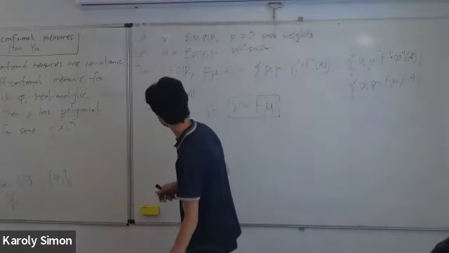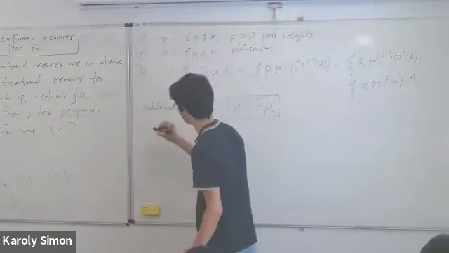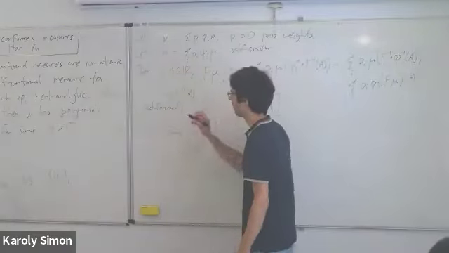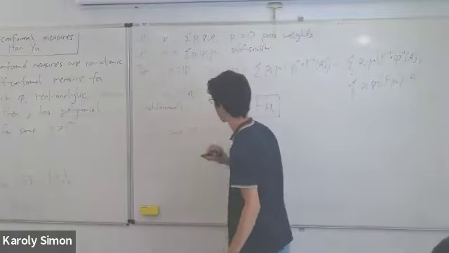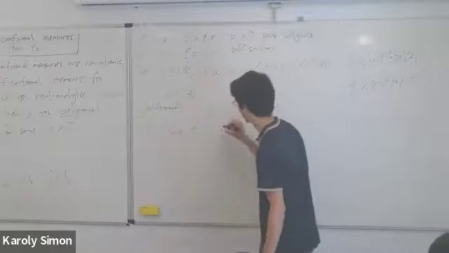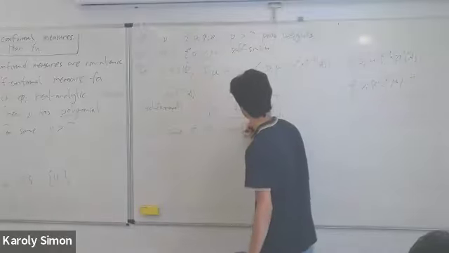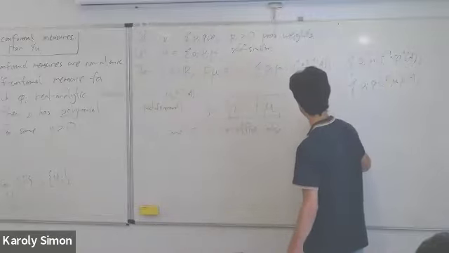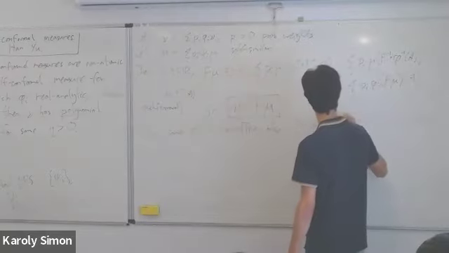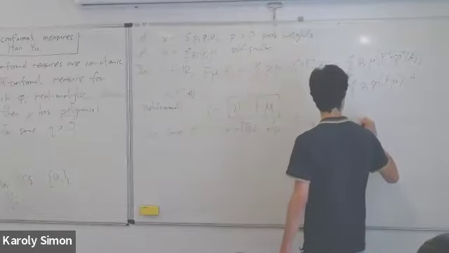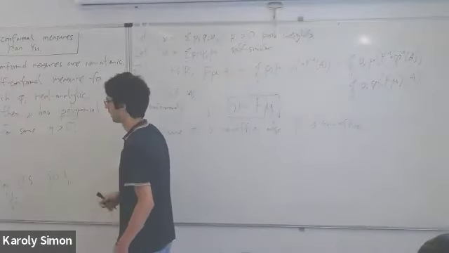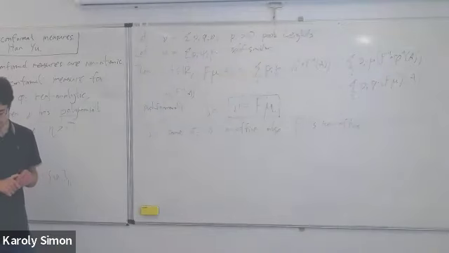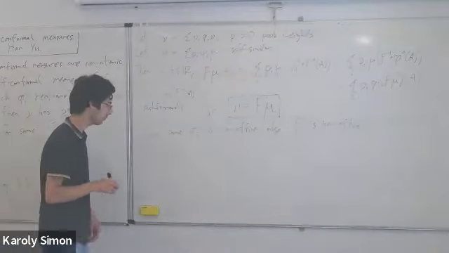And since some map phi_i in our IFS was non-affine, also F is non-affine. Right? So we're pushing forward a self-similar measure by a non-affine map.